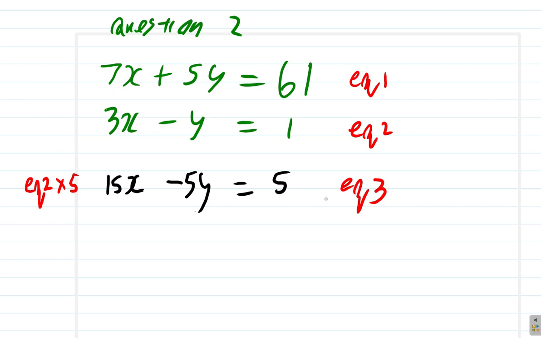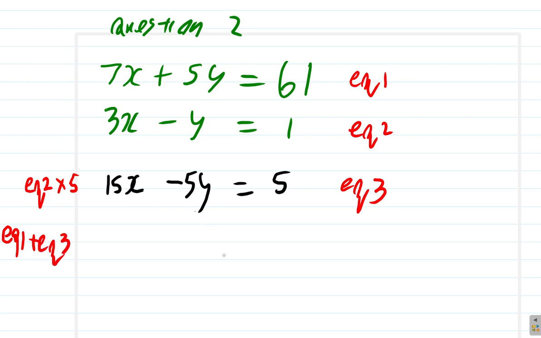Now, here we have equation 1 with a 5y and equation 3 with a negative 5y. So let's subtract them. Oh, not subtract, let's add them. Equation 1 plus equation 3.